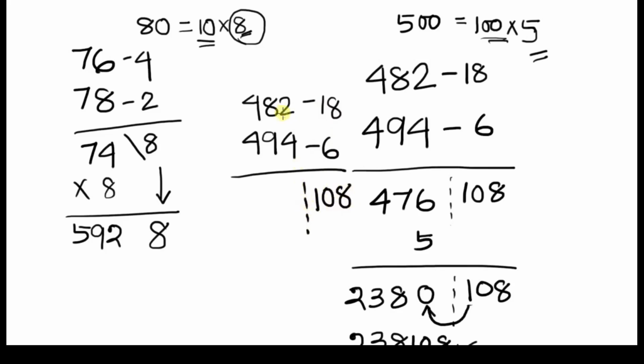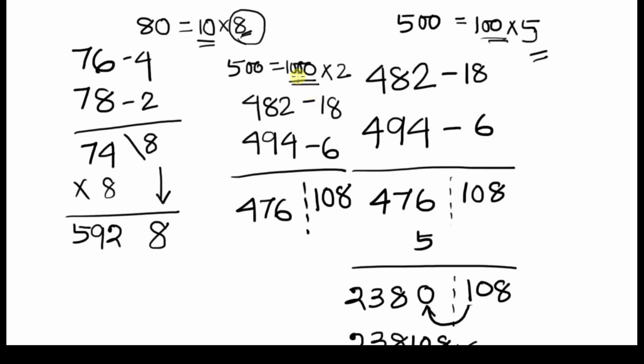But if I take my base as 500, then I will get smaller numbers. 500 I can write as 100 into 5. In this case my working base is 500, so the difference will be taken from 500. But the reference base is 100, which means I can keep 2 digits on my right-hand side of the multiplication.